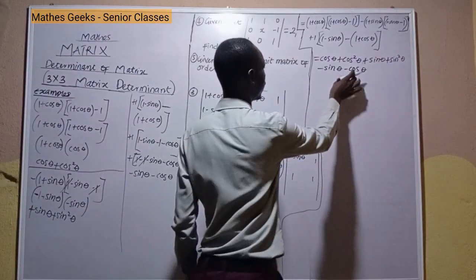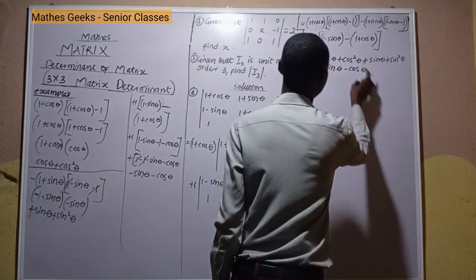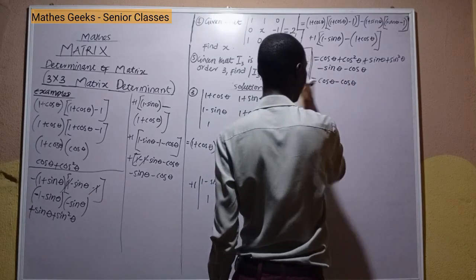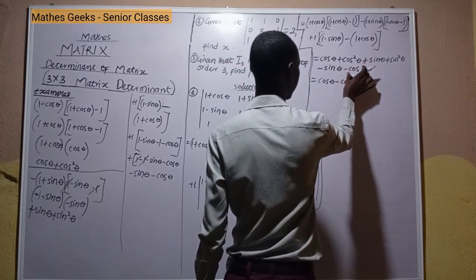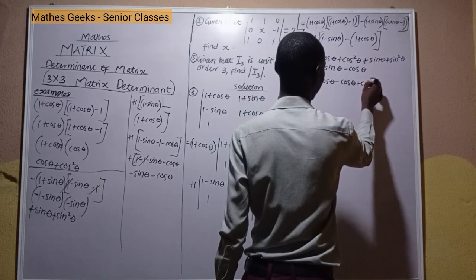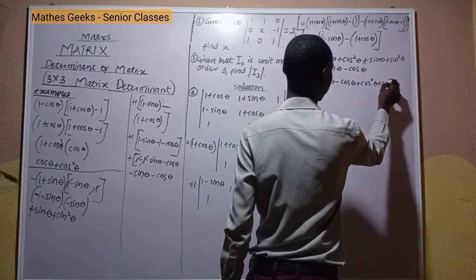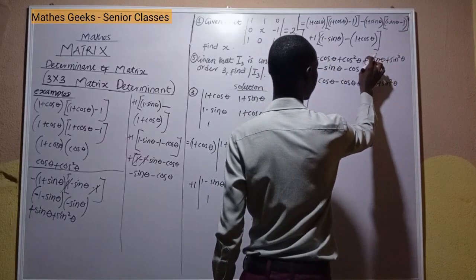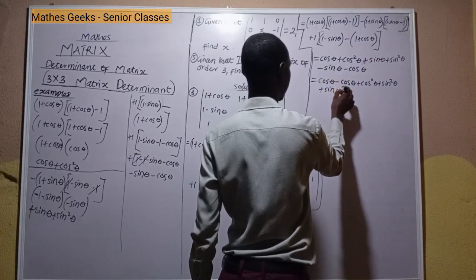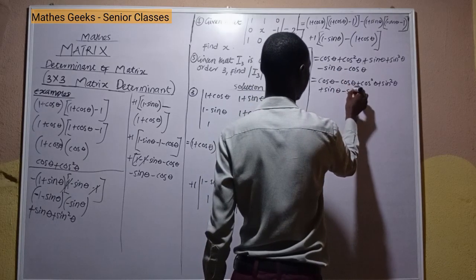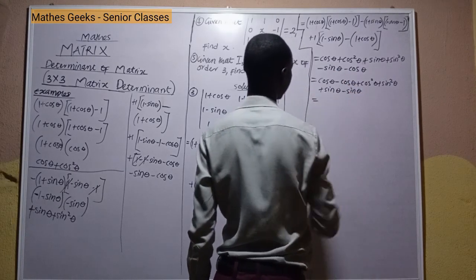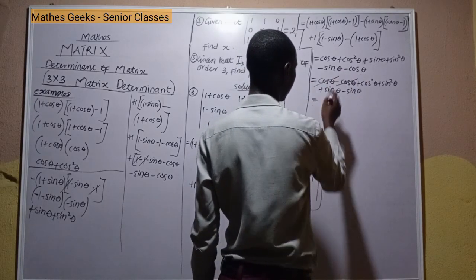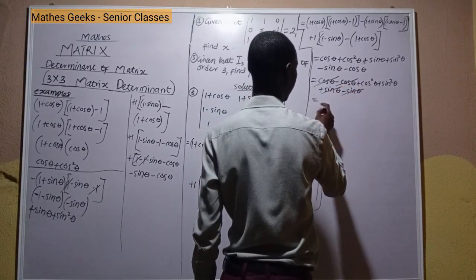So now that we have arrived at this point, here is cos theta minus cos theta, plus cos squared theta plus sin squared theta, and then plus sin theta minus sin theta. Cos theta minus cos theta cancels out. Plus sin theta minus sin theta will cancel out.